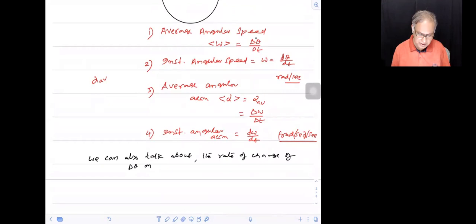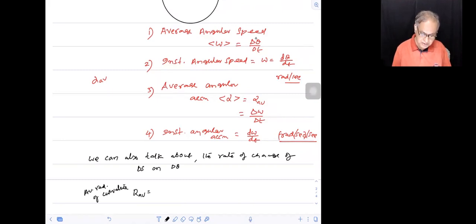I'll write delta S on delta theta. So here comes R average, that is the average radius of curvature.